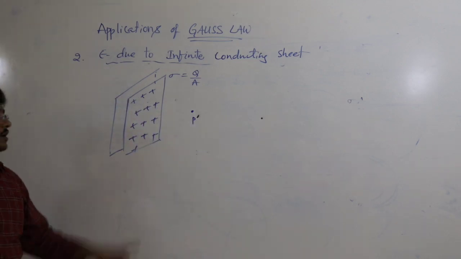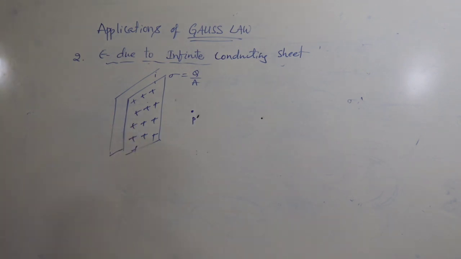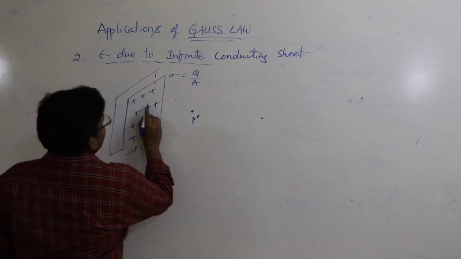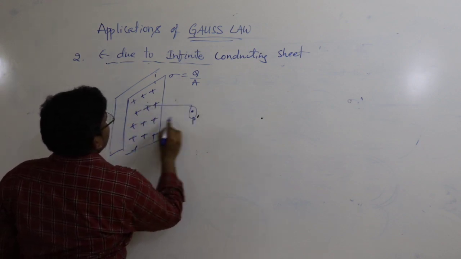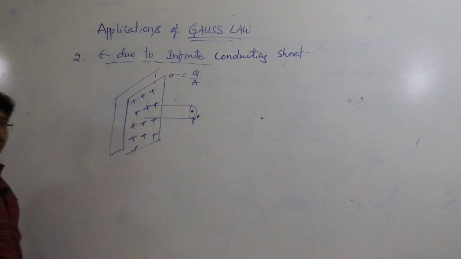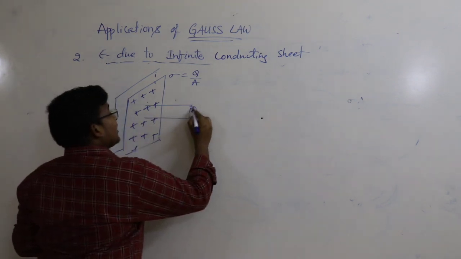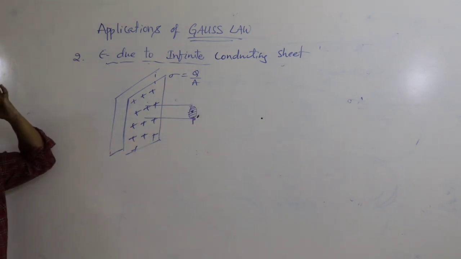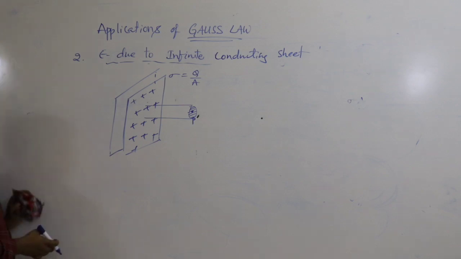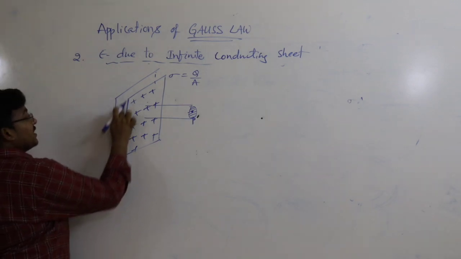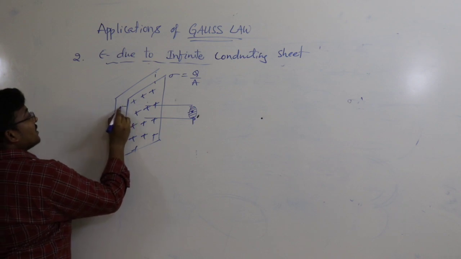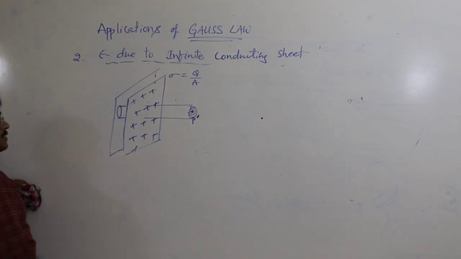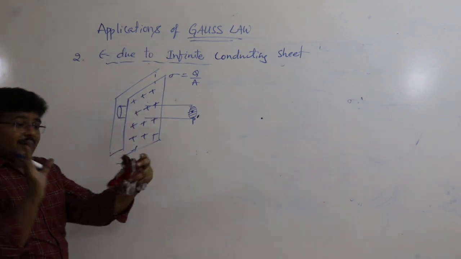Again I will take the Gaussian surface. According to symmetry we can take the cylinder. So this side of the cylinder I can close, but the left side, how to take? I will take it inside this material, closing the cylinder like this. It means the charge is enclosed, right?